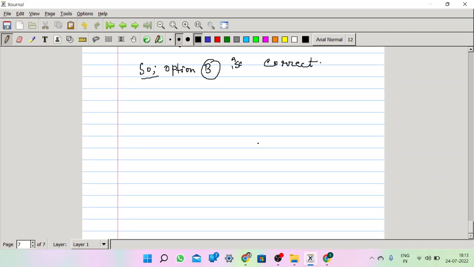So now I will solve problem number 4, that is on the implicit function theorem.